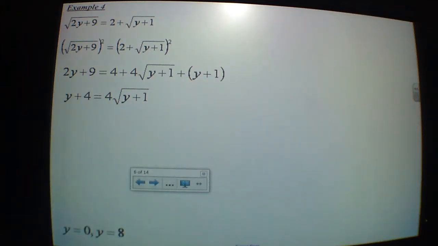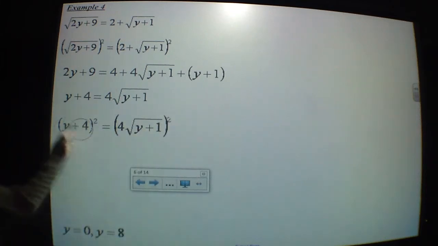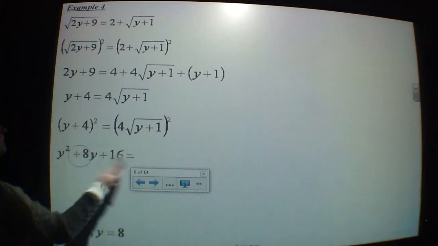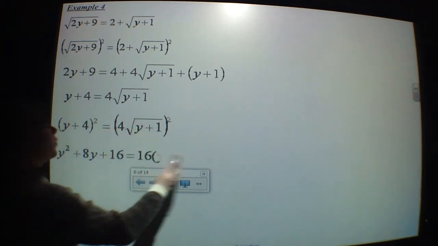And then you end up with y plus 4 is equal to 4 square root of y plus 1. And if you want, you could move the 4 over now, or you can leave it where it is. It does not matter. I'm just going to square it like it is. So when you square the left side, you'll end up with y squared plus 8y plus 16 is equal to, when you square this, you'll have 16 times y plus 1.